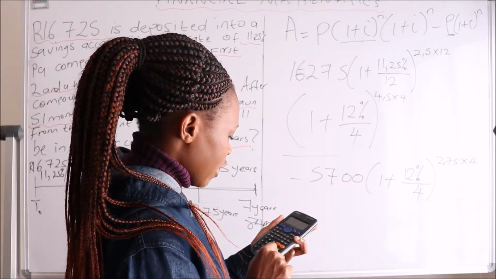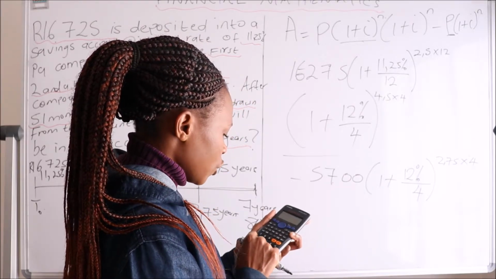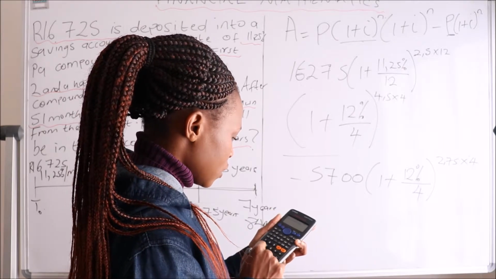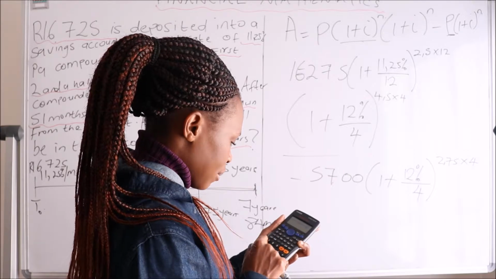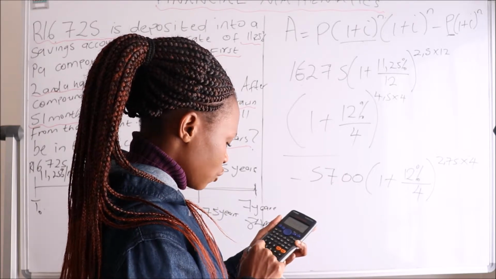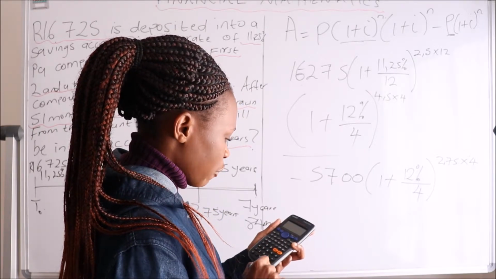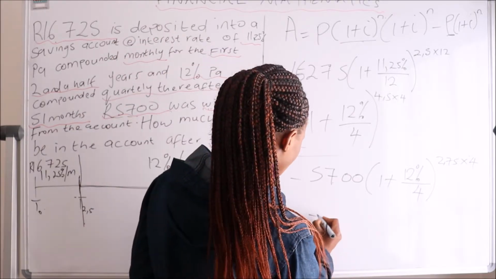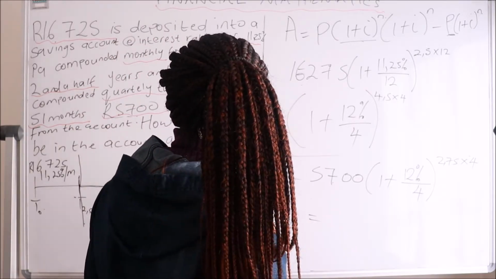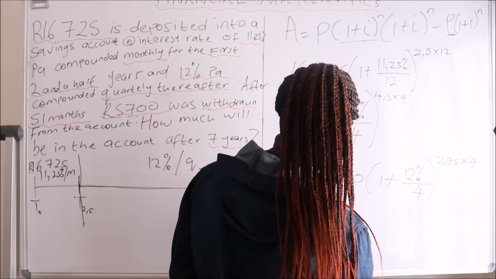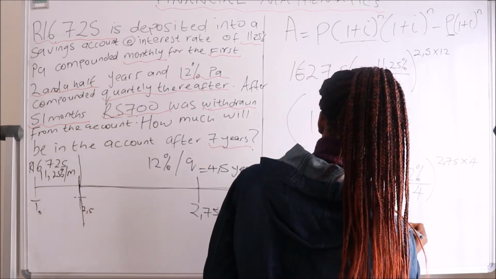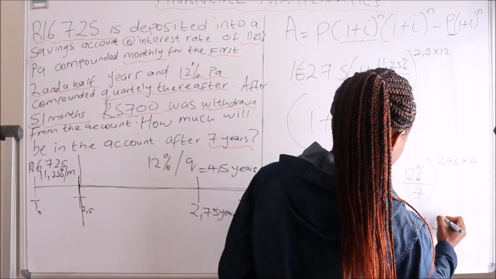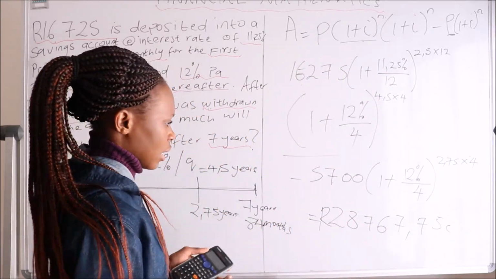And then we have to subtract the withdrawal which was made together with its interest, 12% divided by 4 to the exponent of 2.75 multiplied by 4, which gives us, after 7 years, 28,767.75 in the account, 75 cents.